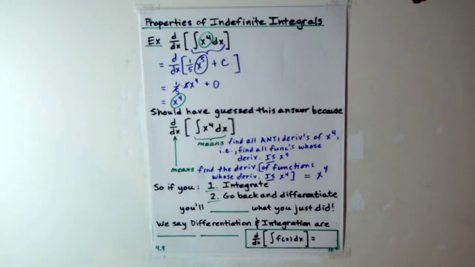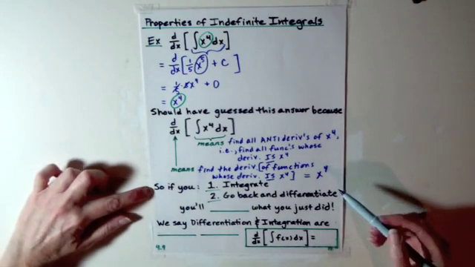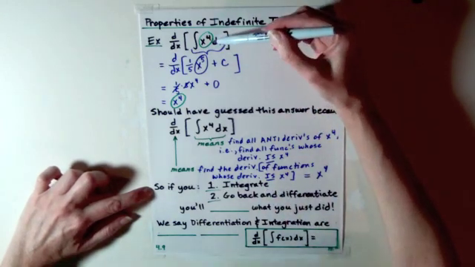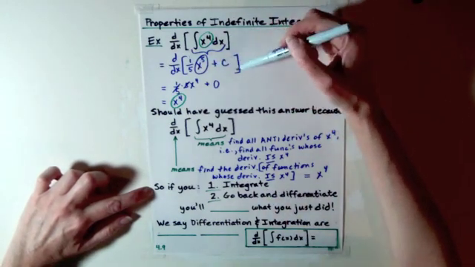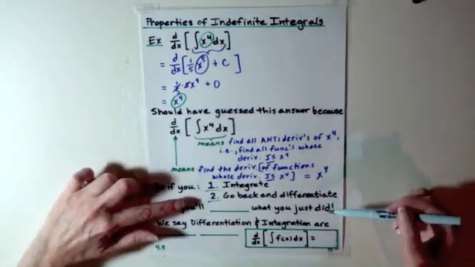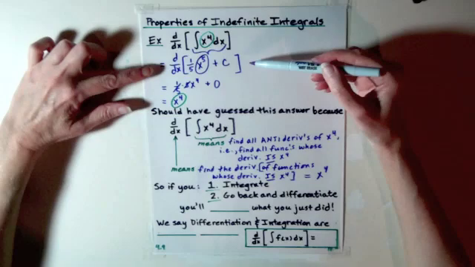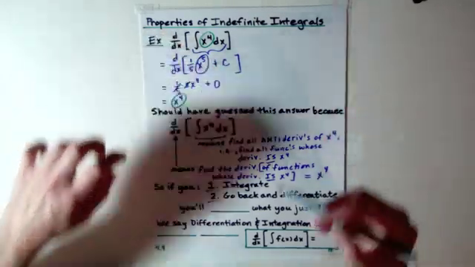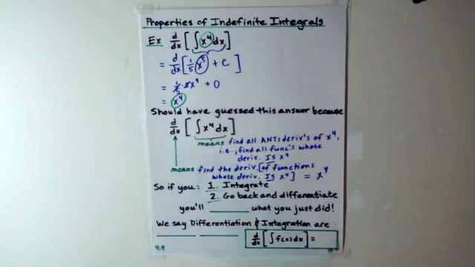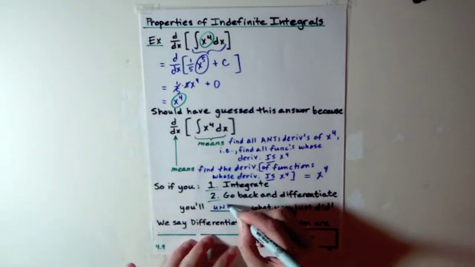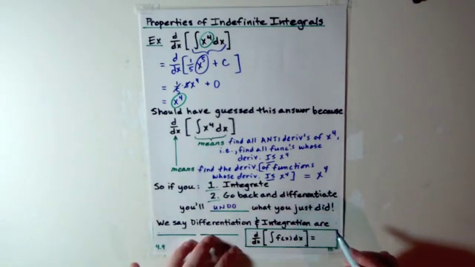So all of this is to say the following. If you start out and you integrate a function, here we integrated x to the fourth, we got 1/5 x to the fifth plus c. And then step 2, you go back and differentiate it. So then we went back and took the derivative of it. You are going to exactly undo what you just did. You'll undo what you just did.